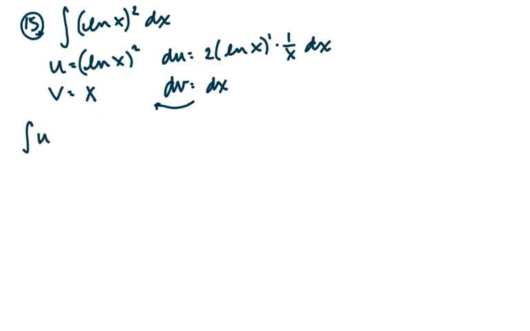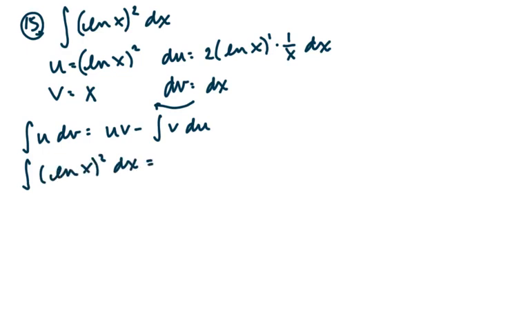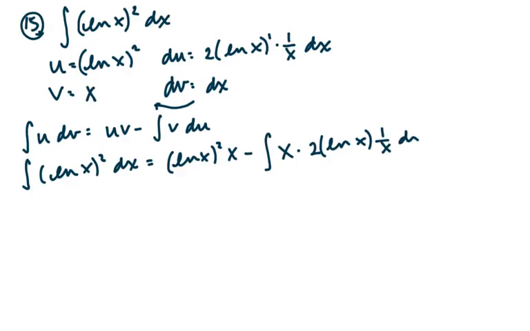So we have the integration of u dv equals uv minus the integration of v du. So we have the integration of natural log of x squared dx equals u, which is natural log of x squared, times v, which is x, minus the integration of v, which is x, times du, which is 2 natural log of x, times 1 over x dx.